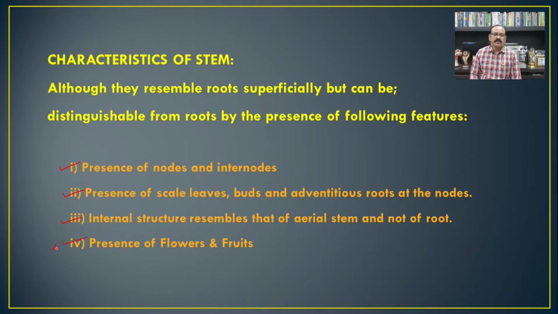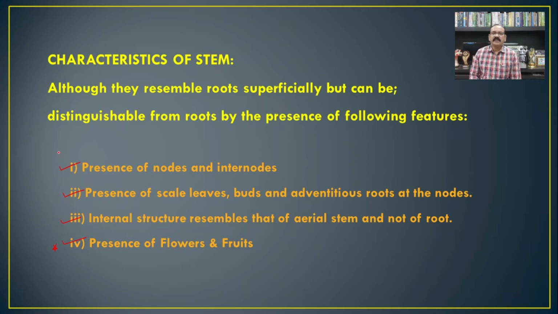This is the most important character for the stem if we are going to study angiosperm taxonomy, because if we find any structure on which there is a development of the leaf or the flower, then whatever the part we are observing in nature, we must confirm that that part is a stem, because the development of the leaves and the flower is a characteristic feature of the stem and not of the other parts.